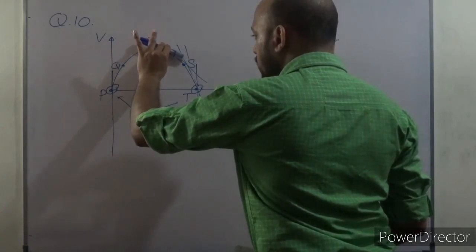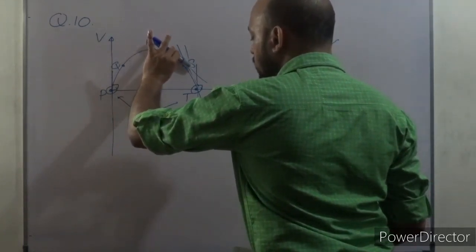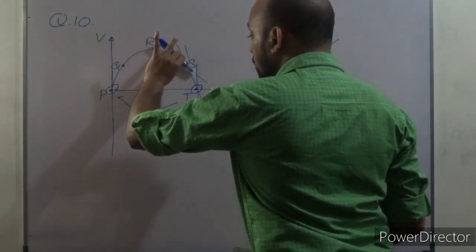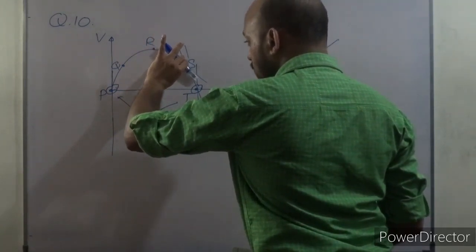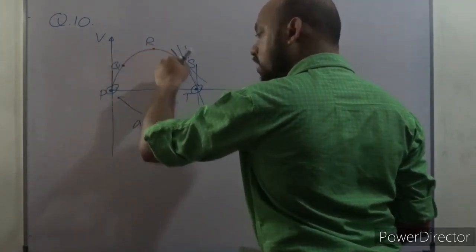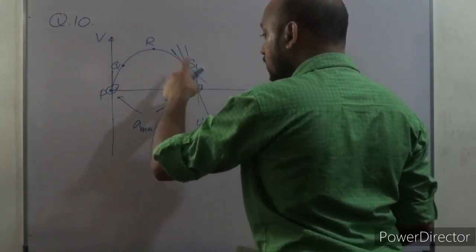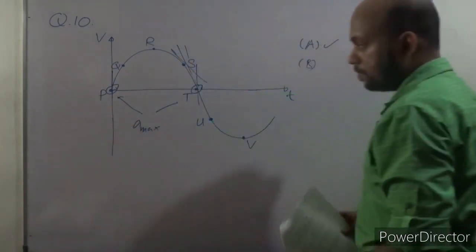Then the gradient increases to the negative direction, and velocity is decreasing, but the magnitude of acceleration increases with time.